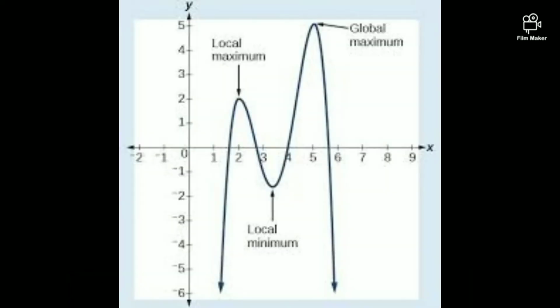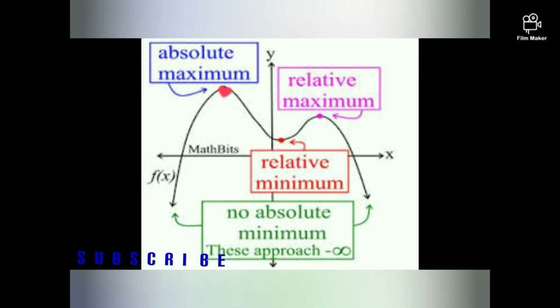It is also called global maximum, local maximum, and local minimum. A turning point could also be an absolute maximum, relative minimum, and relative maximum. The arrows end with no minimum, approaching negative infinity.